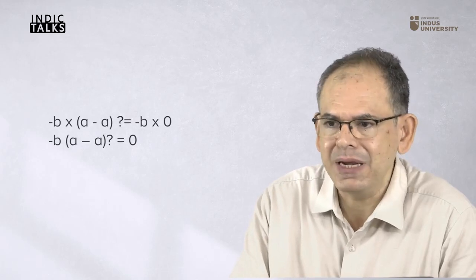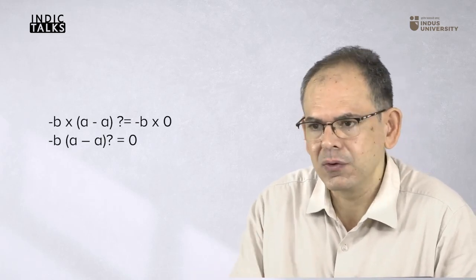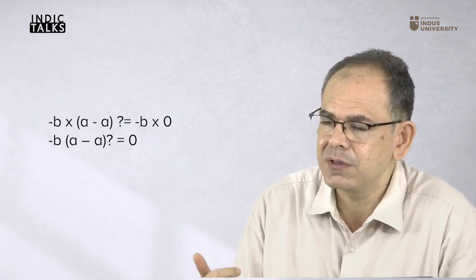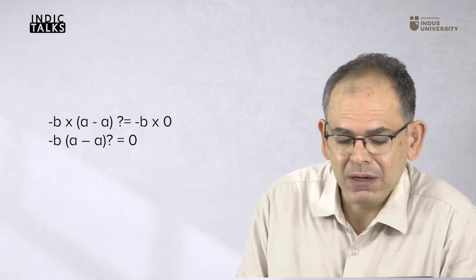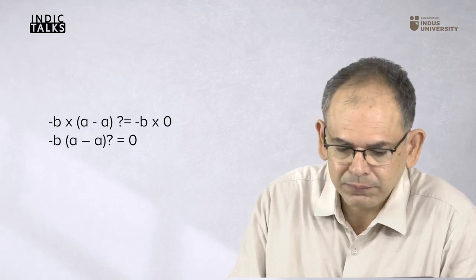Here, b is a positive integer. So, we should get minus b times, inside of bracket, a minus a, should be equal to minus b times 0. Now, minus b times 0 is 0. So, we have minus b inside of bracket a minus a should be equal to 0.